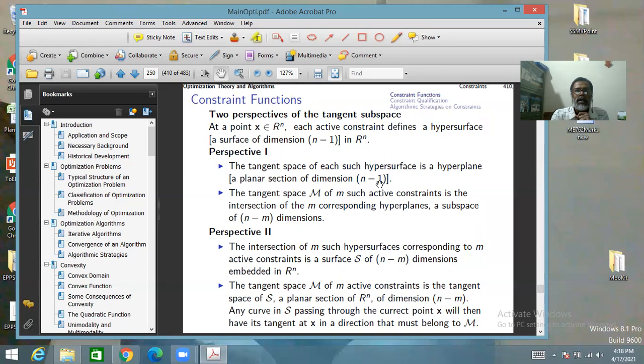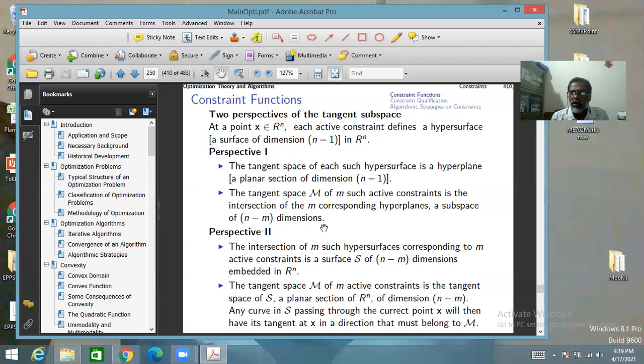So that is just like a tangent plane in ordinary geometry. Now, the tangent space, denoted by this, of m such active constraints will be the intersection of m corresponding hyperplanes. And that will give you a subspace of n minus m dimensions.